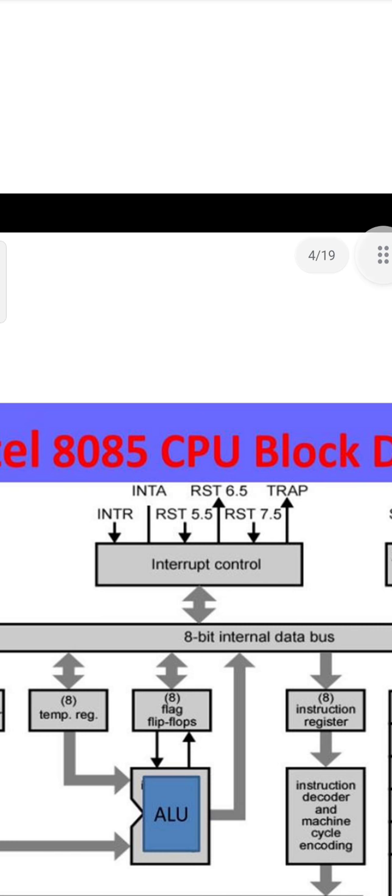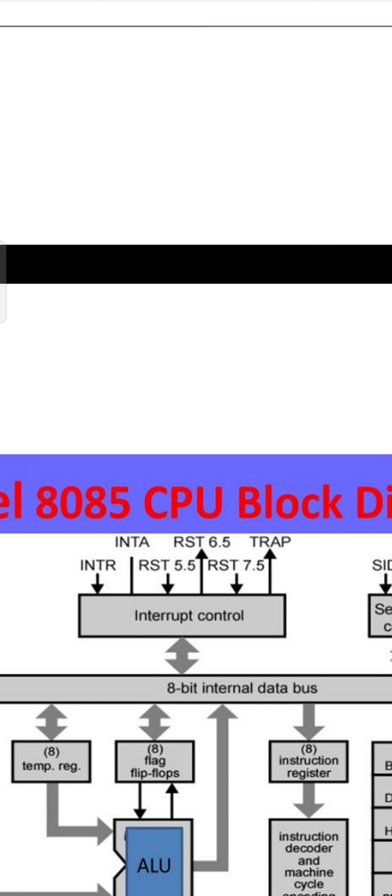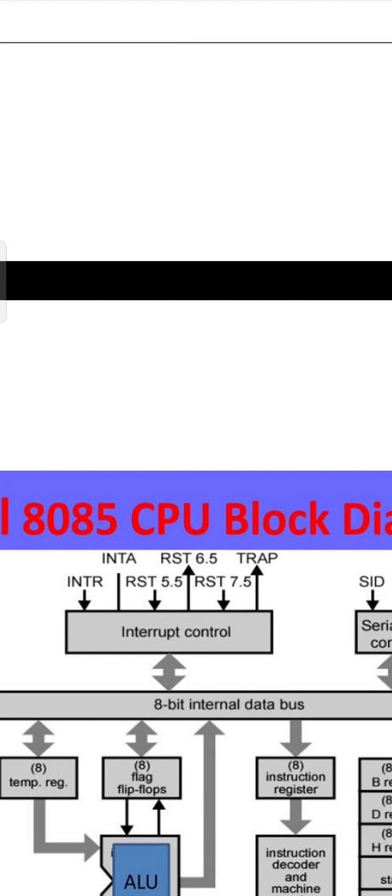The next one is the interrupt control, which controls the interrupts coming from the input or output devices. It contains 5 interrupts: INTR, RST 5.5, RST 6.5, RST 7.5, and at the last, TRAP. So there are 5, and the last one, TRAP, has the highest priority. So what is interrupt control?